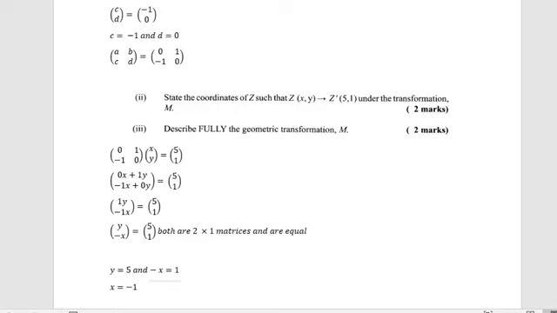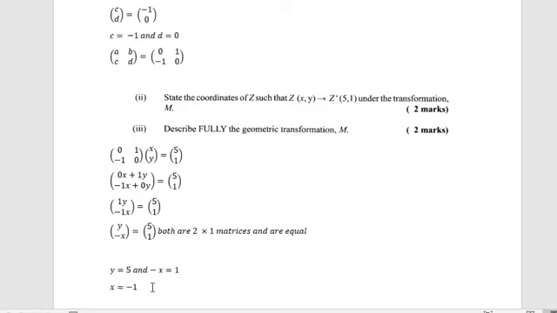So the transformation M, of what we found up top, represents a rotation of 90 degrees clockwise about the origin. And that is it.